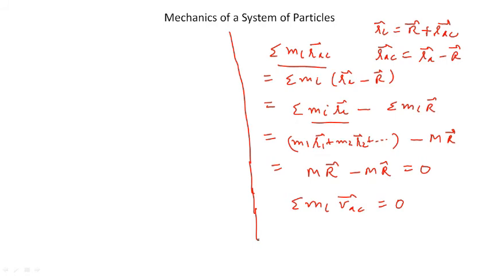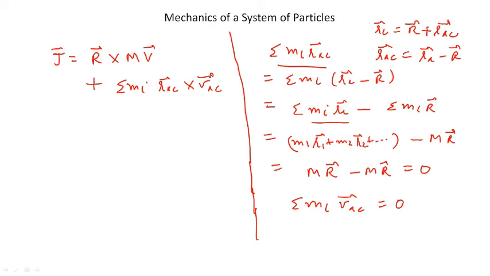So your final relation for the total angular momentum becomes J is equal to R cross sigma m_i, which we can write as capital M, so J is equal to R cross MV plus sigma m_i R_iC cross V_iC.